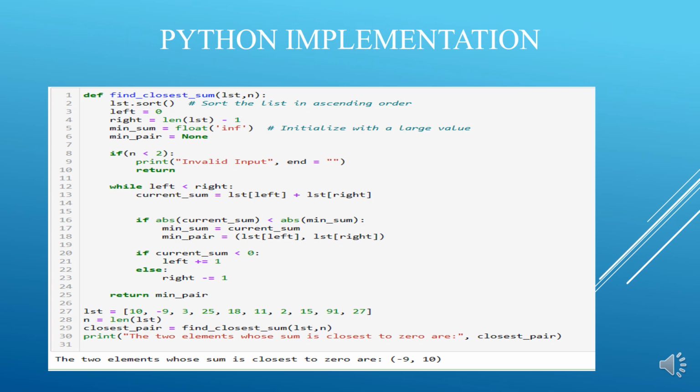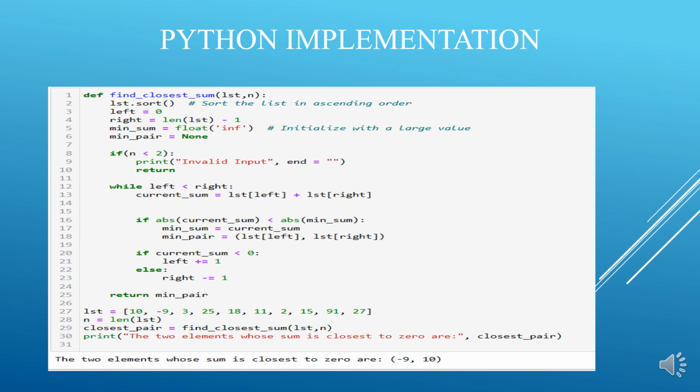After this is the implementation of method 2. As I mentioned, this is a def function, find closest sum. In this I mentioned the left pointer points to index 0, and the right pointer points to the last index in the list.